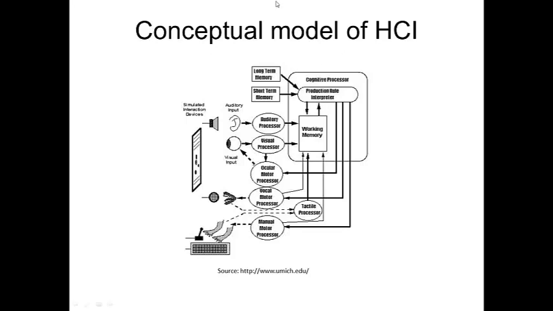For example, we've got our manual motor processor, also known as hands. We've got a vocal motor processor, speech. So you can tell a computer what to do through your hands, moving the mouse, touching things on the keyboard, but increasingly you can speak to computers.